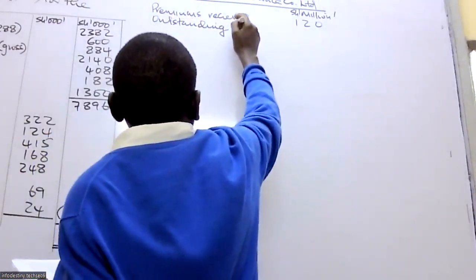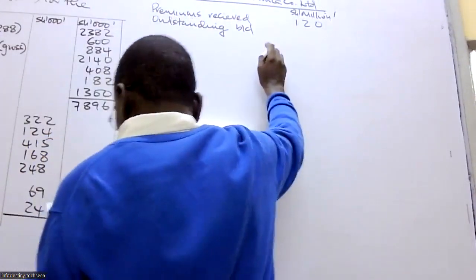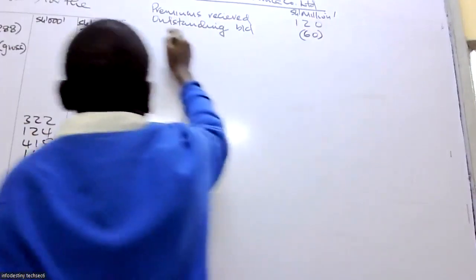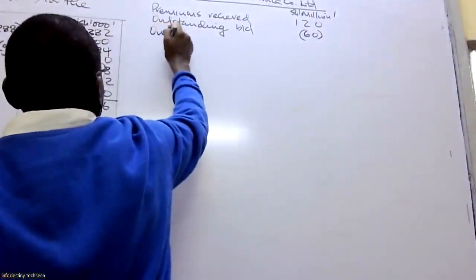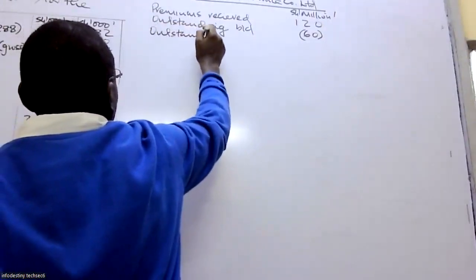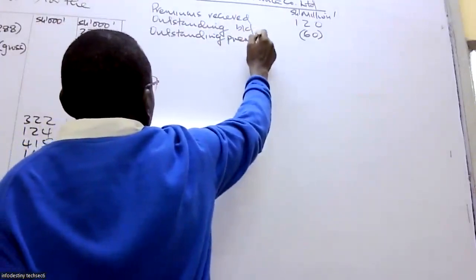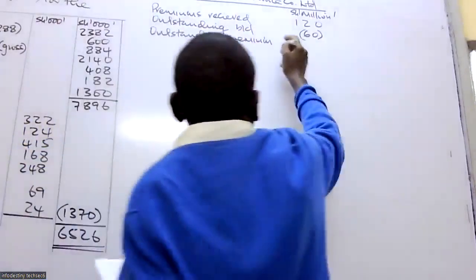Outstanding premiums brought down on 1st of January. Outstanding premium at the end of the year.